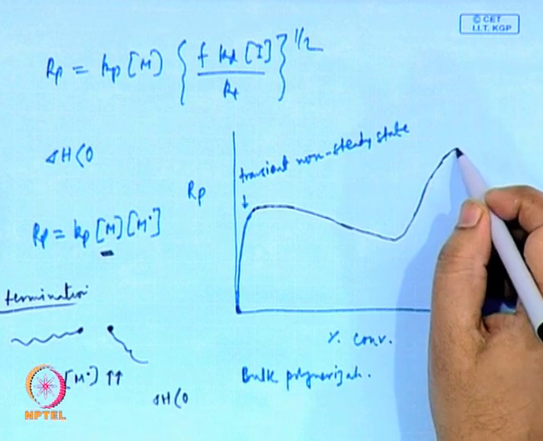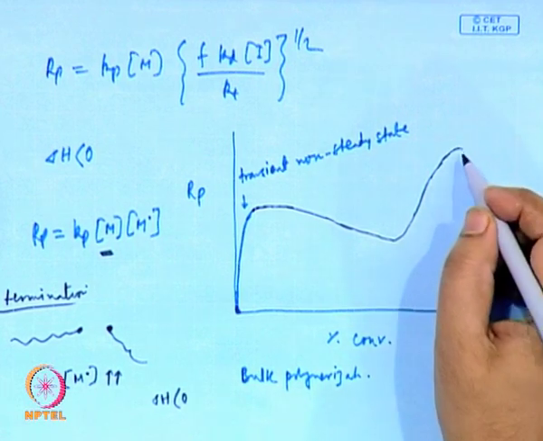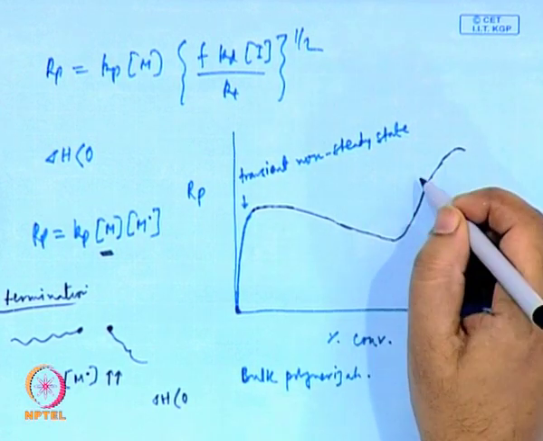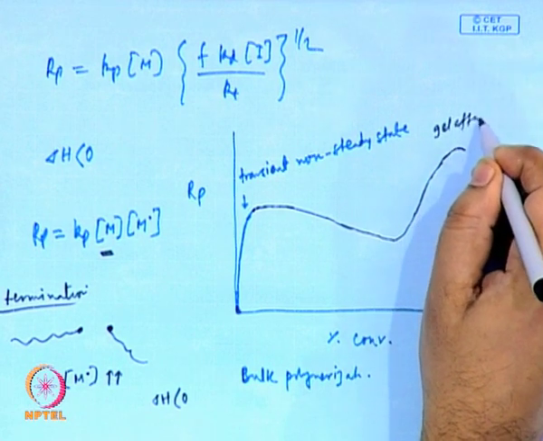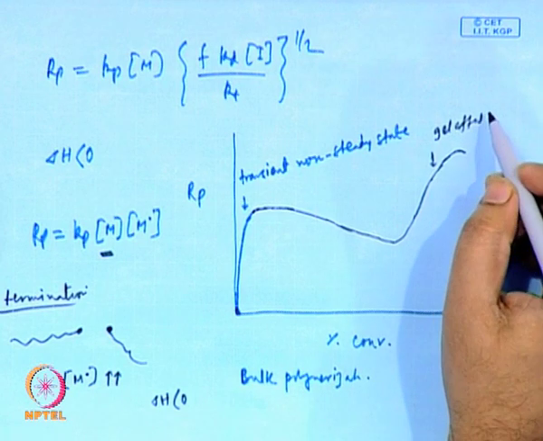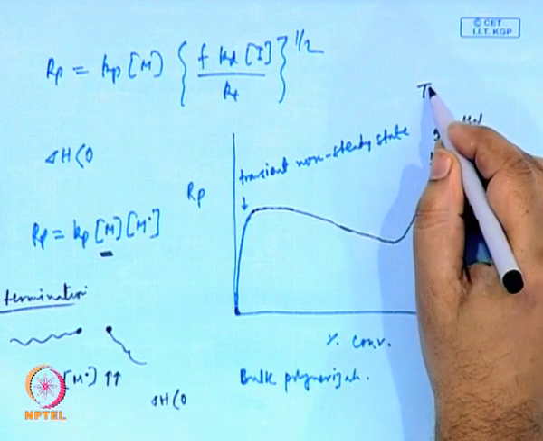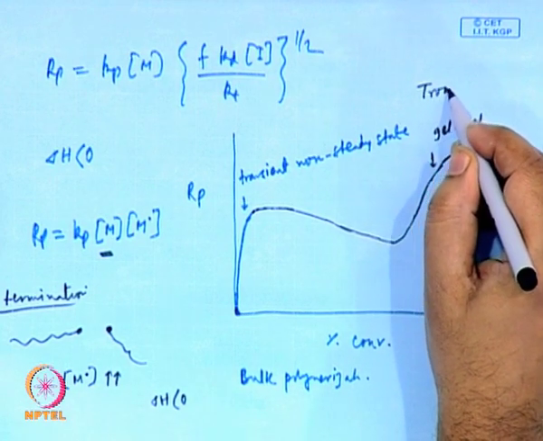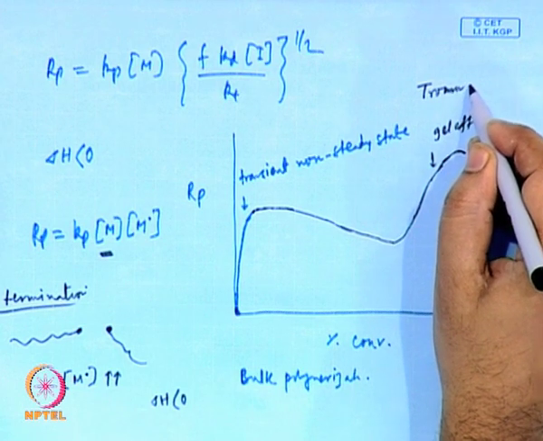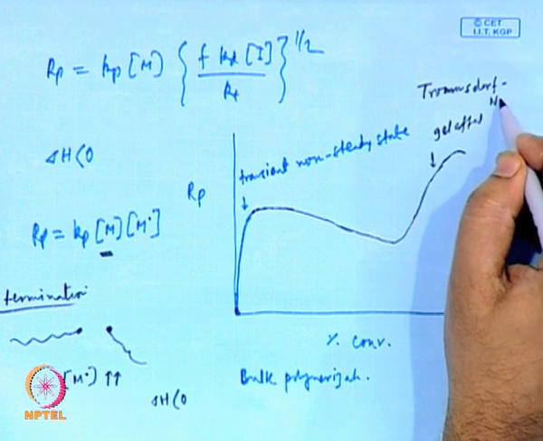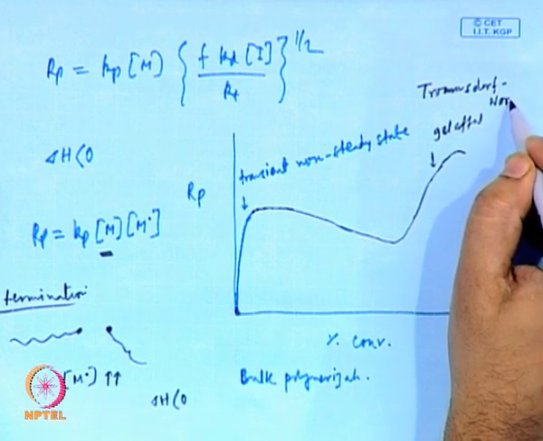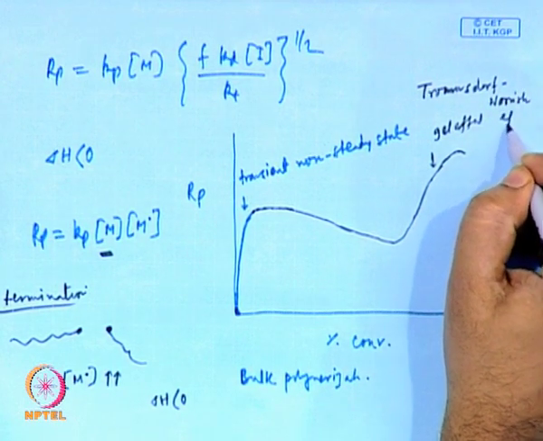It is a very highly viscous material. This is called the gel effect, or the Trommsdorff-Norrish effect.